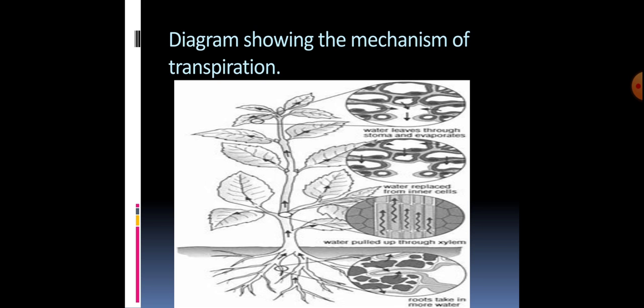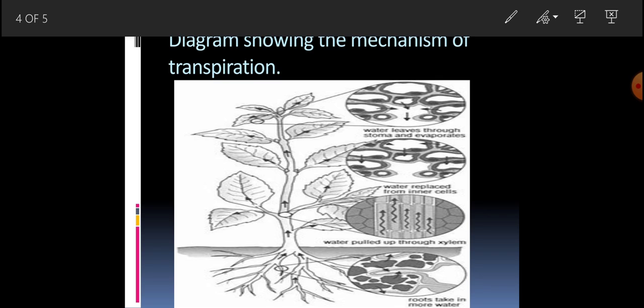Okay, now this is the diagram I'll show you, students. These are the gaps in the root and the soil particles and a film of water, and the root absorbs this water. Now how does this water move from bottom to top?